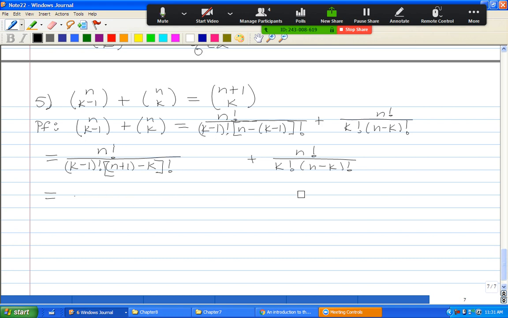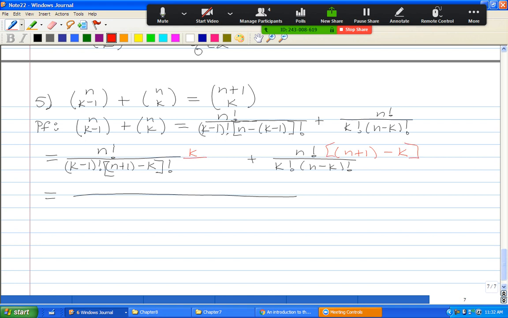So I want to get a common denominator here. I notice that this is the same as this if I multiply this guy by k. So let's multiply by k. And this will be the same as that if I multiply this guy by n plus 1 minus k.